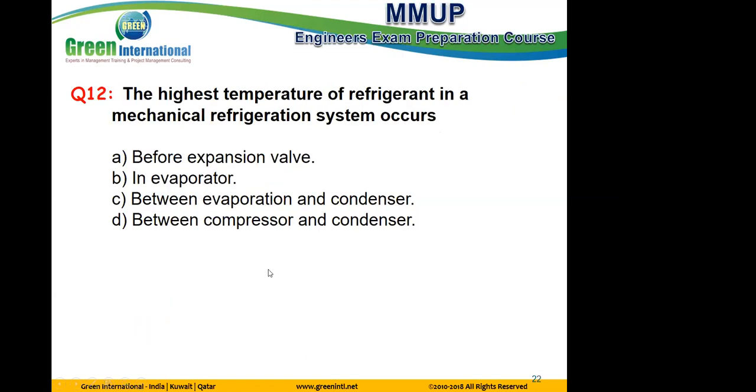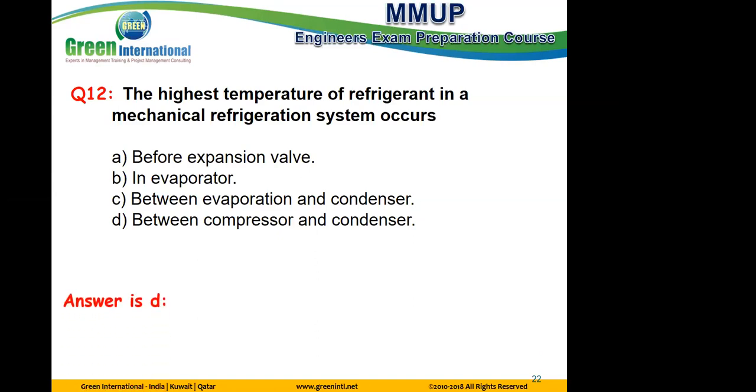Highest temperature of refrigerant in a mechanical refrigeration system, where does it occur? D, between the compressor and the condenser.